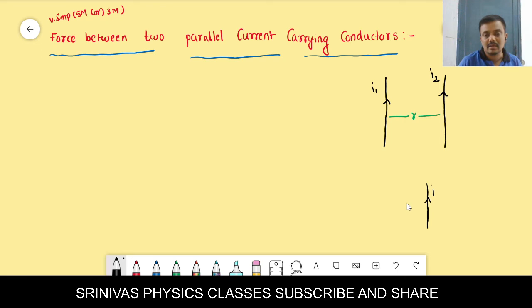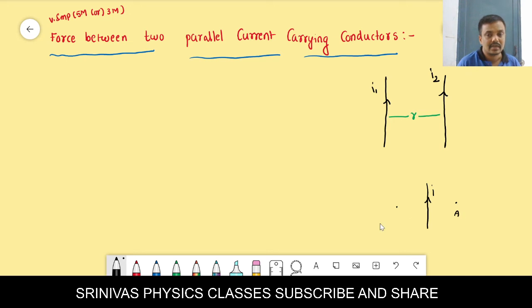What is the direction of the magnetic field on the right side, on the left side, whether inward or outward? Say the current is moving upward, then around the current carrying wire a magnetic field will be generated. What is the direction of the magnetic field on the right side of the conductor?